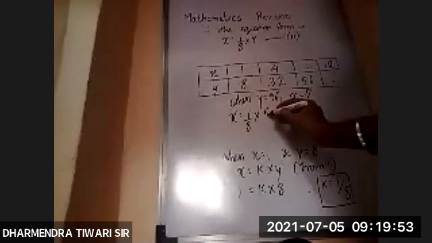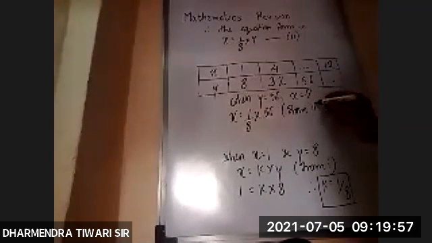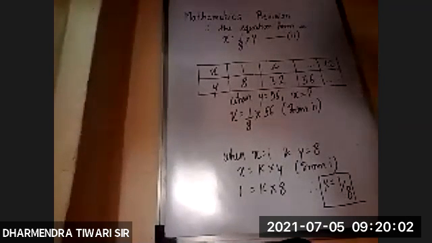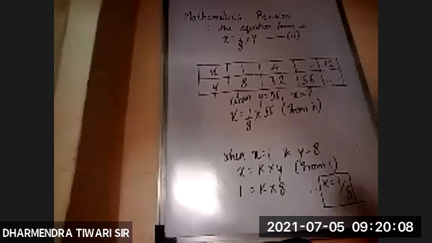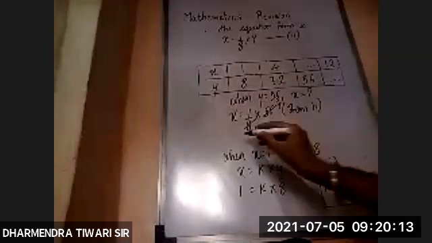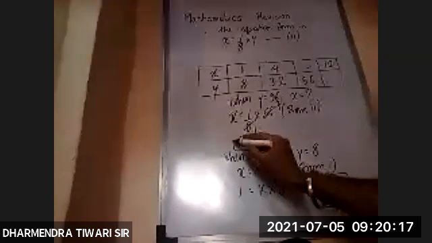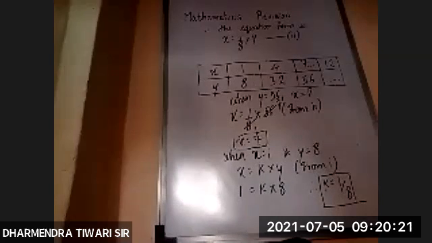Value of y is 56. From where you got this? From equation 2. As we can see that 56 is a multiple of 8, 8 sevens are 56. We got the value of x as 7. You can fill in this value 7. Hope you have understood this clearly.